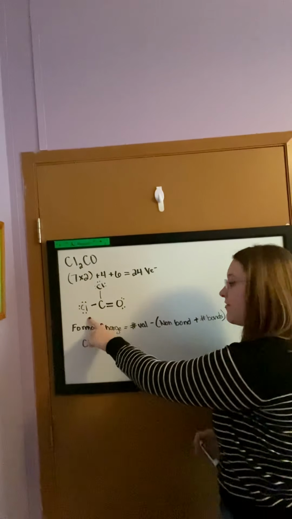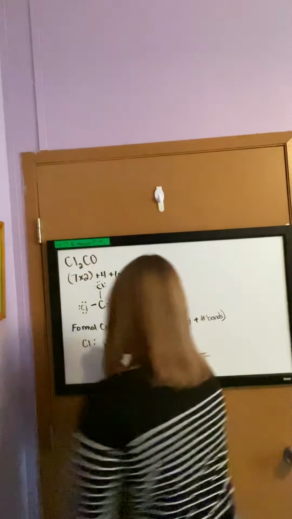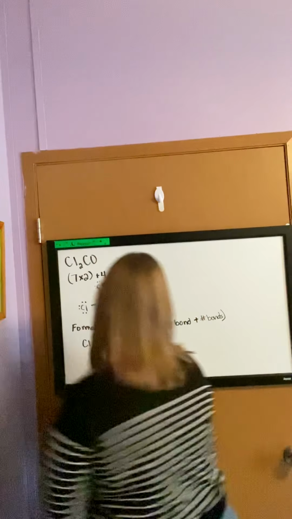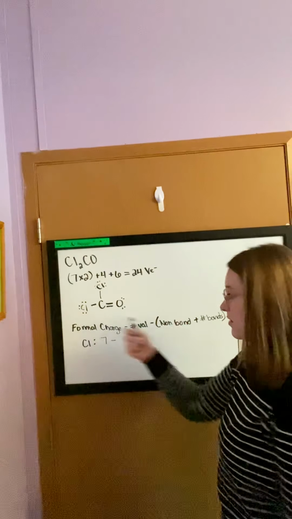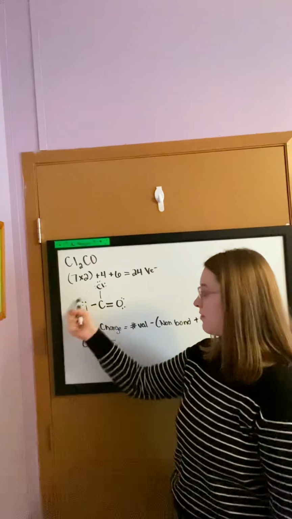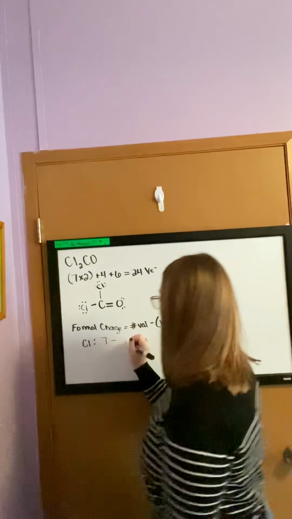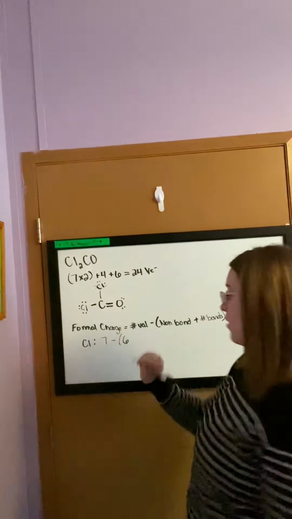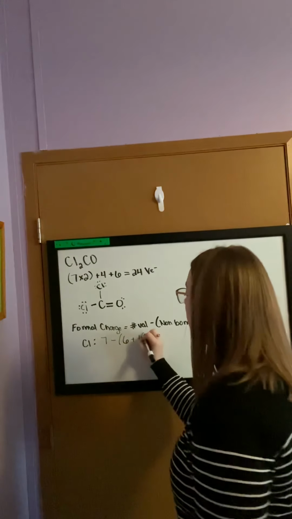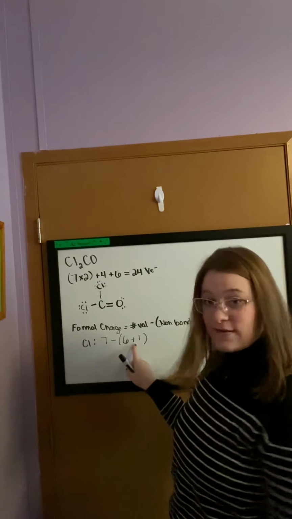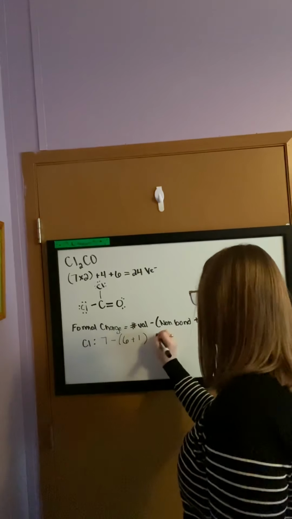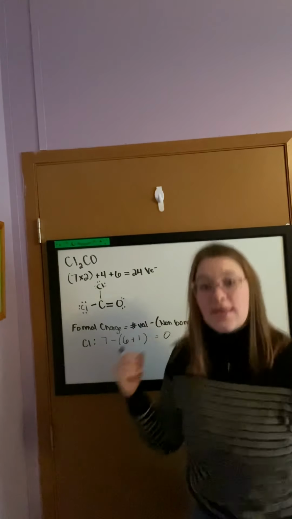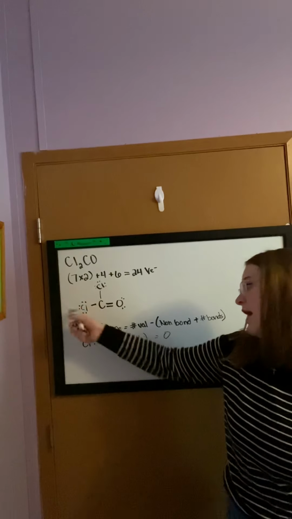Chlorine has 7 valence electrons. 7 minus the non-bonding, so the lone pairs, there are 6. So minus 6 plus the number of bonds. There's 1 bond, so we're going to add 1. And then this would be 7, so 7 minus 7 equals 0. Meaning that the chlorine has no charge.